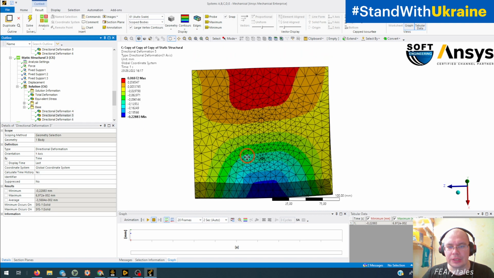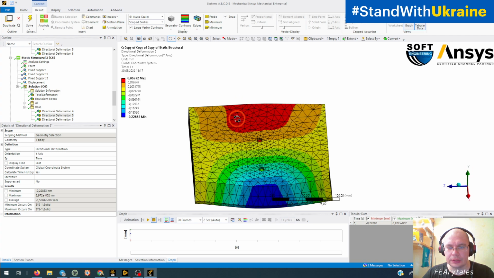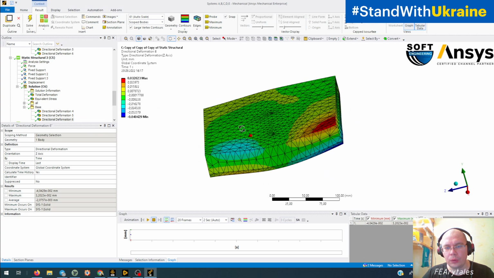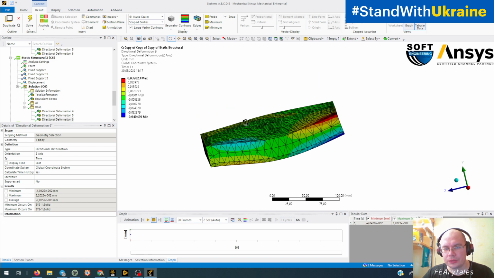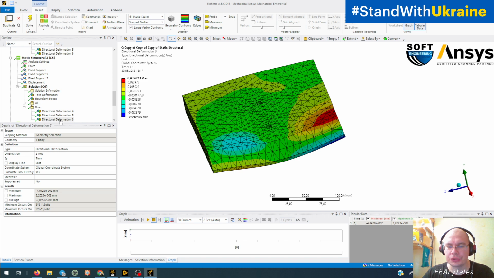And also we see not fully symmetrical deformations on the base for all three types of directional deformations.